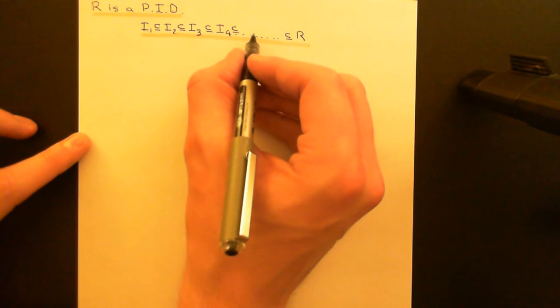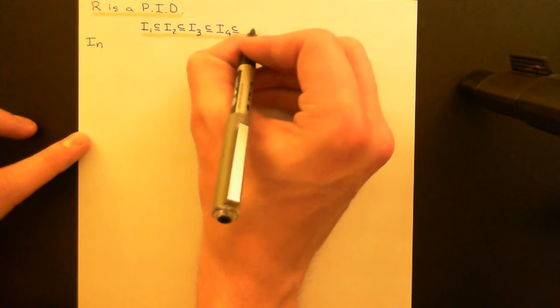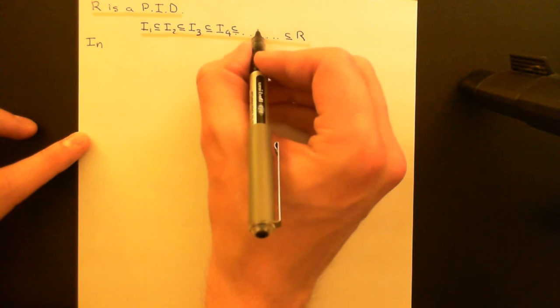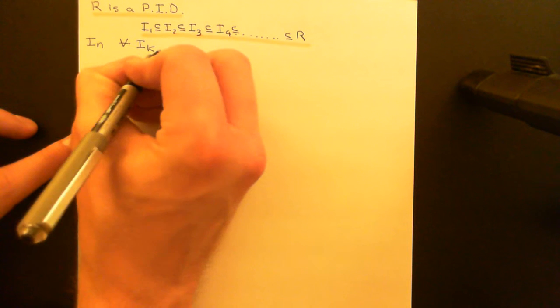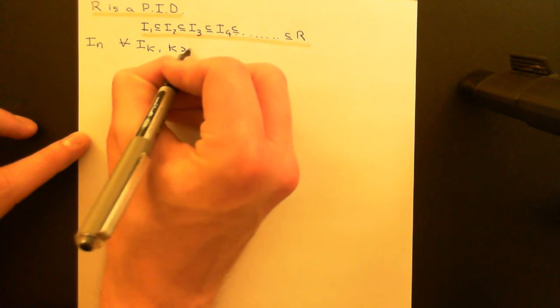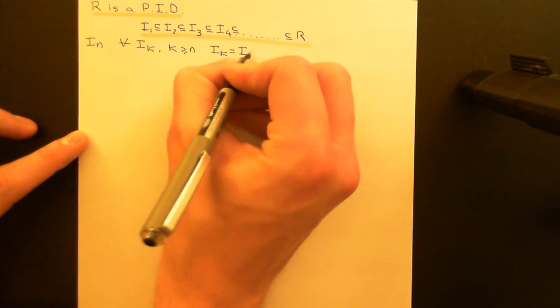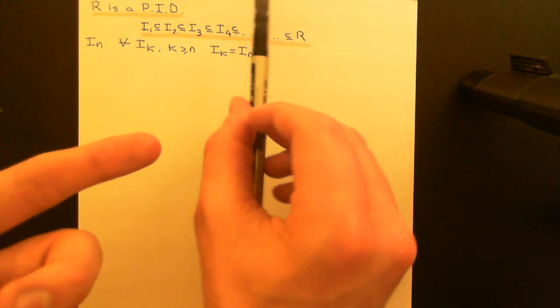There must exist some little n, which we'll index our ideal by, such that for all ideals beyond that, so for all I_k where k is greater than or equal to n, it is the case that I_k is equal to I_n. Okay, that's what I mean by stationary. This ascending chain of ideals eventually becomes stationary. They all become constant. So you just get this same ideal repeated over and over again for an infinite ascending chain.